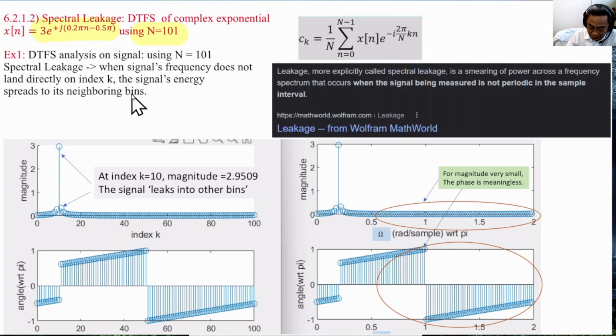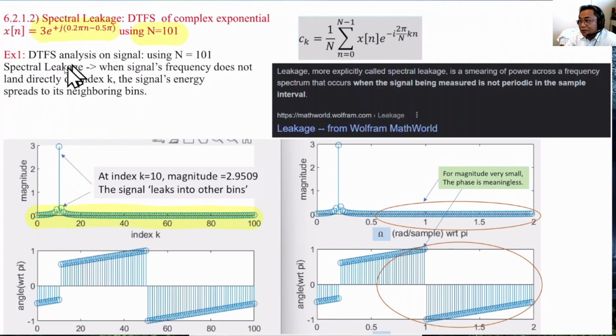The ck goes from c0 to c100 now, because it's 0 to 100, so it's 101 bins. But with our original data, there's no way we can calculate at 0.2 pi along these frequencies. So even though our real data is sitting at 0.2 pi, our analysis did not analyze directly at 0.2 pi.